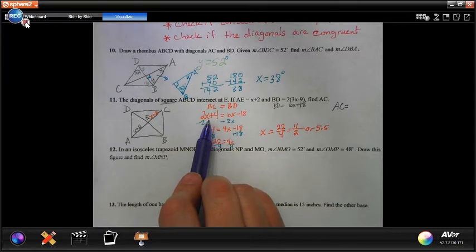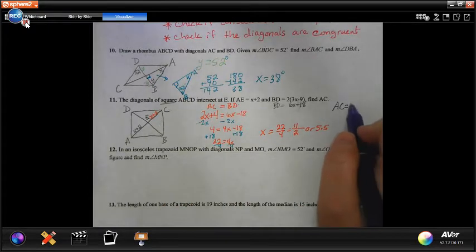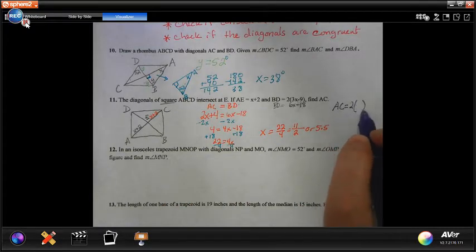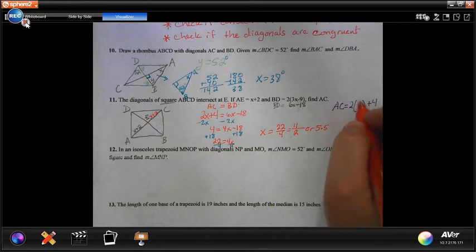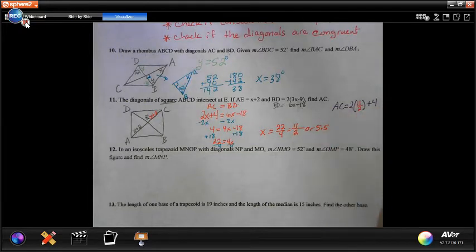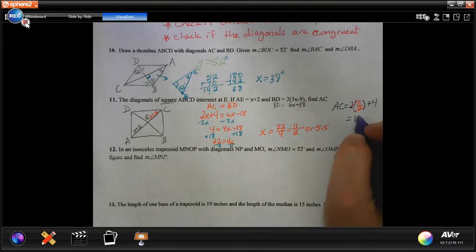So we just have to plug it in. 2x plus 4. x is 11 over 2. Or you can use the decimal and use a calculator. I like to reduce. So AC equals 11 plus 4, which is 15. Oh, sorry.